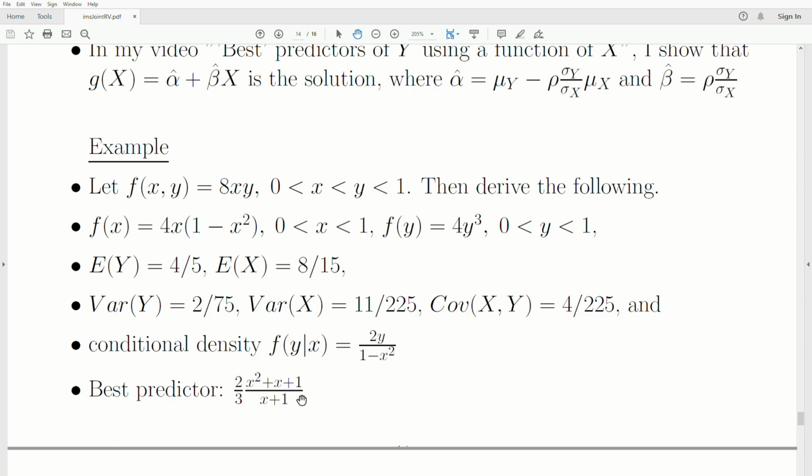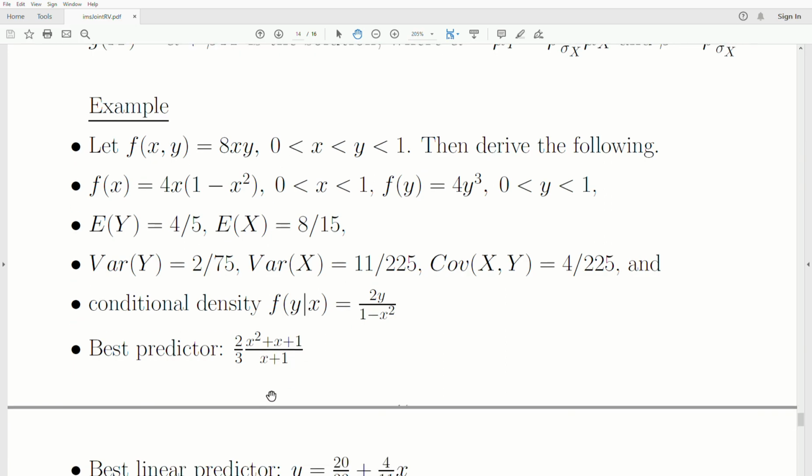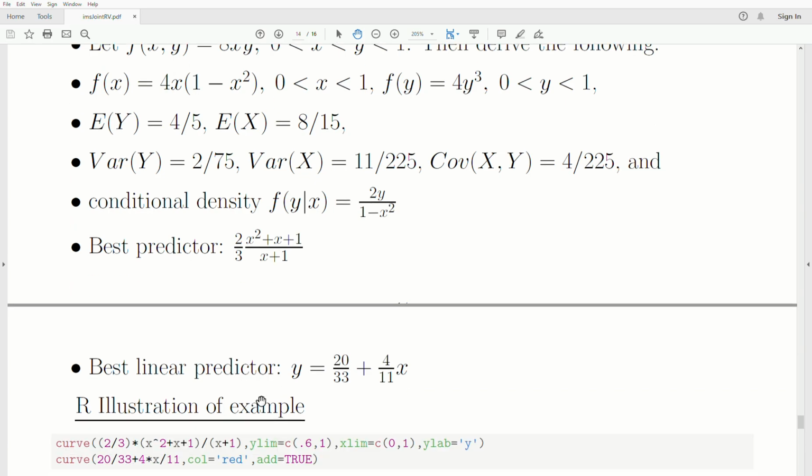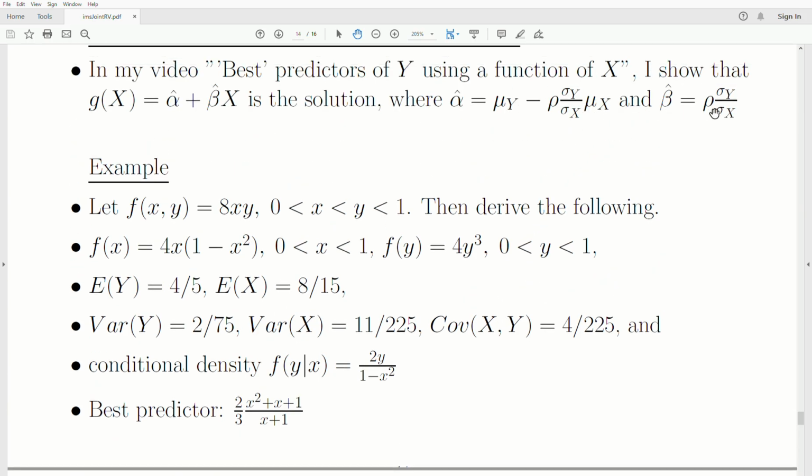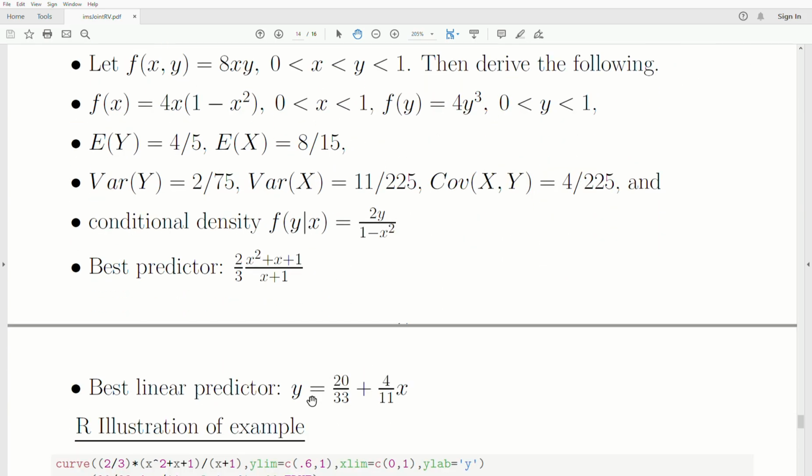So this is the absolute best predictor of y using a function of x. The best linear predictor would be this. So we put these values in for alpha and beta, and we get this expression.